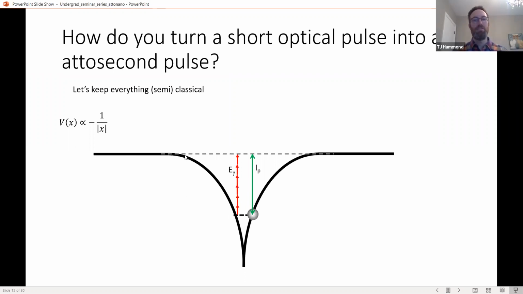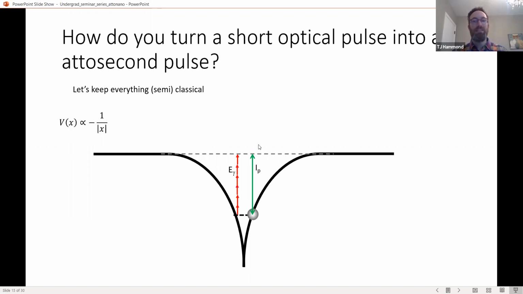So that's what we have here, this cross-section of this atom, so the potential is proportional to 1 over the absolute value of x, because it's 1/r. In terms of electron volts, this would be something like 13 to 15 electron volts. For a hydrogen atom, it's 13.6 electron volts. And our photon energy is going to be on the order of 1 to 2 electron volts.